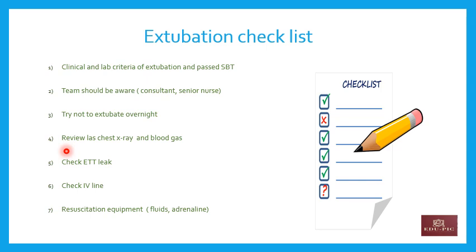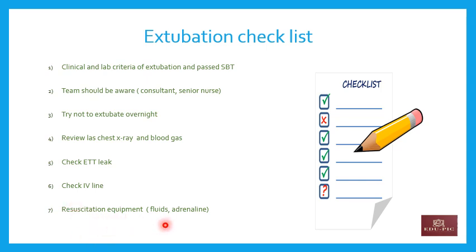Review the last chest X-ray and the blood gas and decide if we need to repeat. Check the ETT leak and if the patient needs a steroid trial. Check if there is good IV access, an IV line, in case the patient needs any medication or resuscitation post extubation.